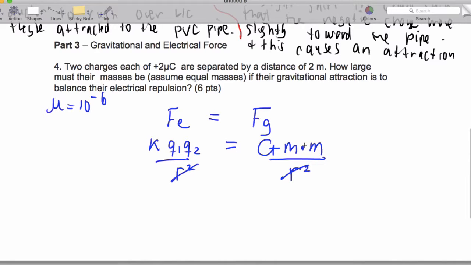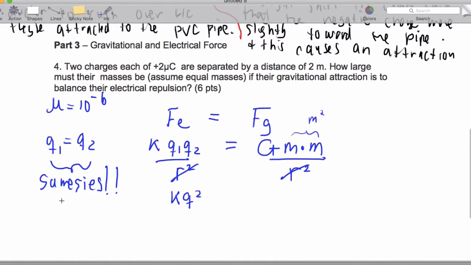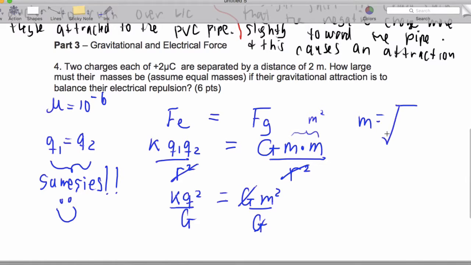This works out to m squared. And these Q's are the same, so this is Q squared. So we have kQ squared equals G m squared. I'm going to divide both sides by G, and so I can get m equal to the square root of k over G times Q.